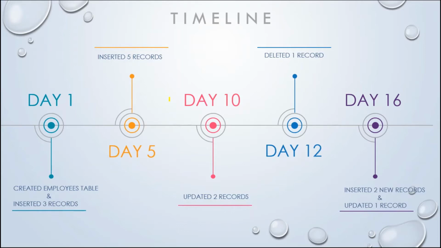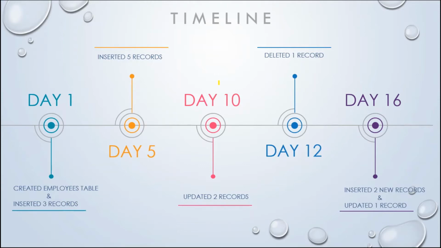According to this timeline, we are now at day 16, and suppose someone says to you, show me the data that was there in the employees table on day 10. By default, it is not possible to go back in history, to basically travel in time. But using the time travel functionality of Snowflake, we can achieve this.